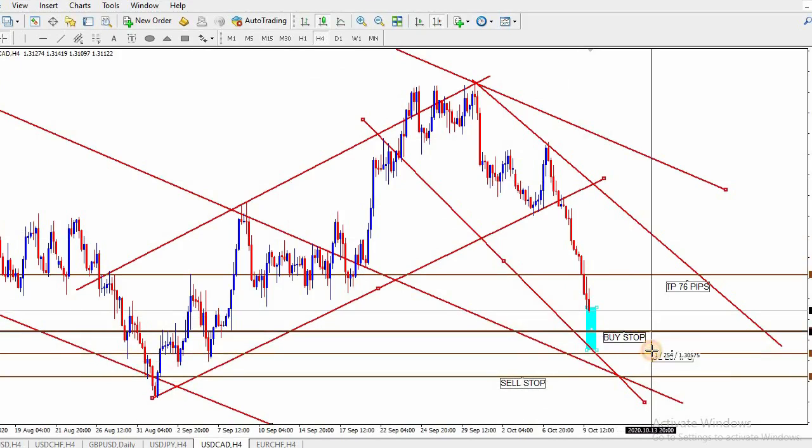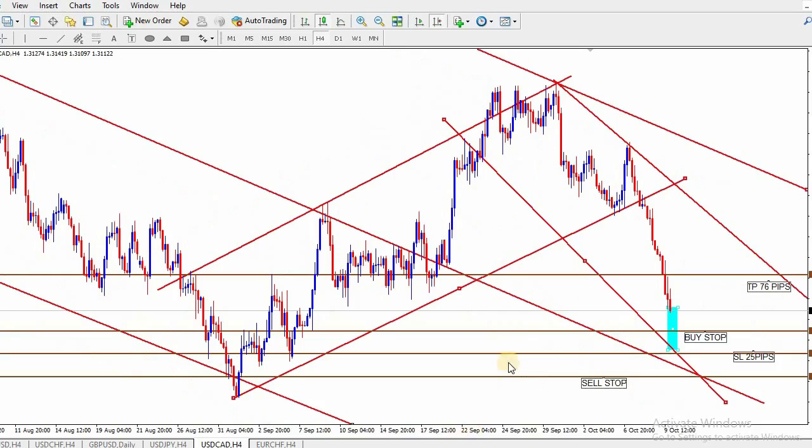Then our stop loss for our buy stop is equally 25 pips. So our take profit is 76 pips for a buy stop.